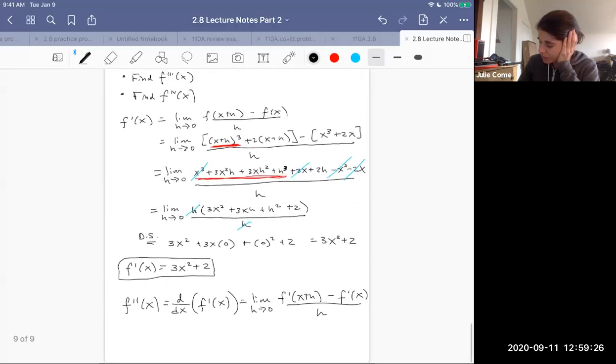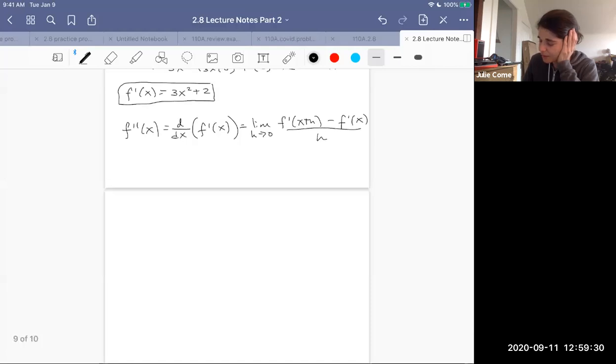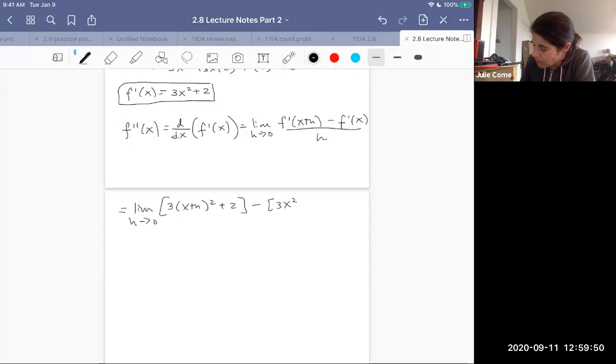Okay, what's that going to look like? Since f prime of x is 3x squared plus 2, this is going to be the limit as h goes to 0 of 3 times (x plus h) squared plus 2, that's f prime of x plus h, minus f prime of x, which is just 3x squared plus 2, over h.